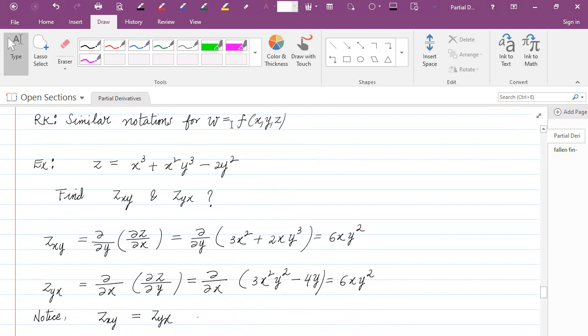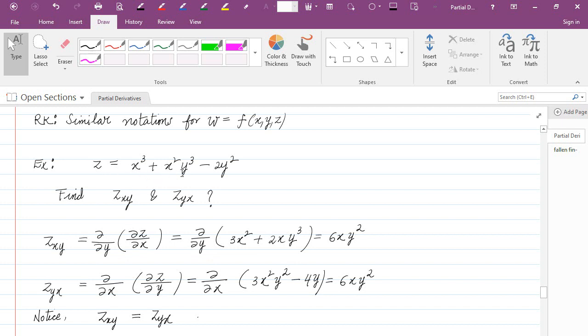Let's say z is x cubed plus x squared y cubed minus 2y squared. Let's find the mixed partial derivatives of z with respect to x and y. So what is zxy? That's the partial derivative of z with respect to x first and then with respect to y. So let's take the derivative of z with respect to x first.